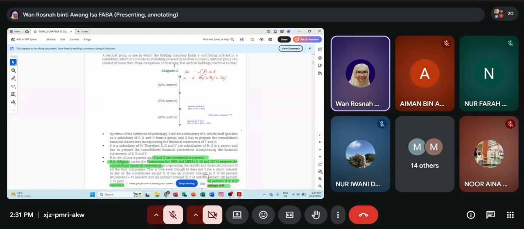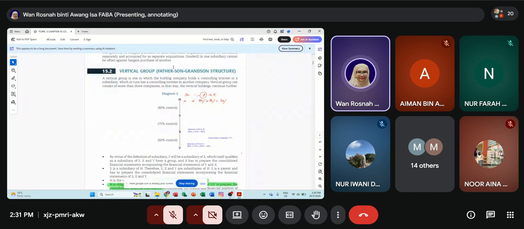Yes, Miss. So the situation here is what we call a vertical group, a father, son, and grandson structure.